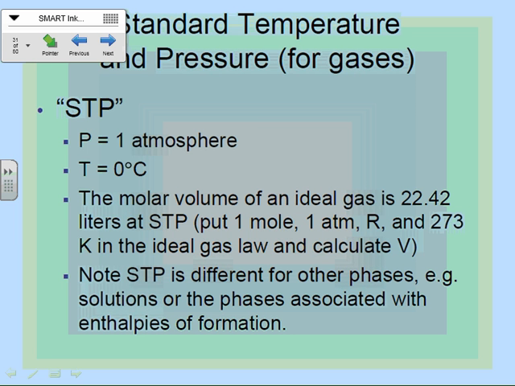So at STP, remember, 1 mole of gas is equal to 22.4 liters. You guys remember that from last year? No? Yeah, at STP, 1 mole of gas is equal to 22.4 liters. We actually did a lab on that last year. You had a graduated cylinder turned upside down. You did magnesium and hydrochloric acid, and it bubbled up.